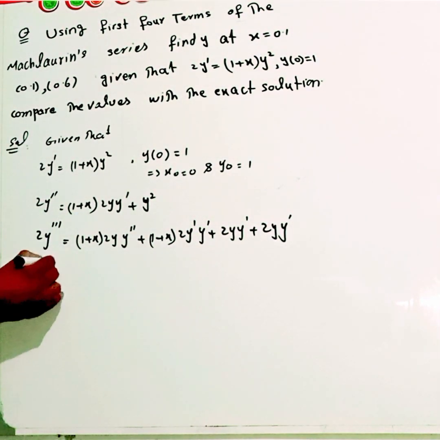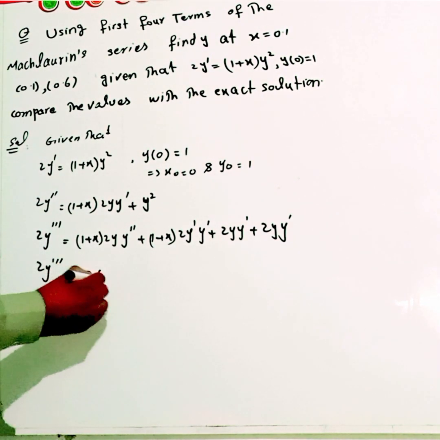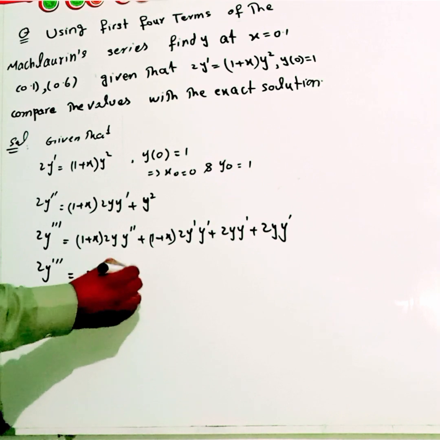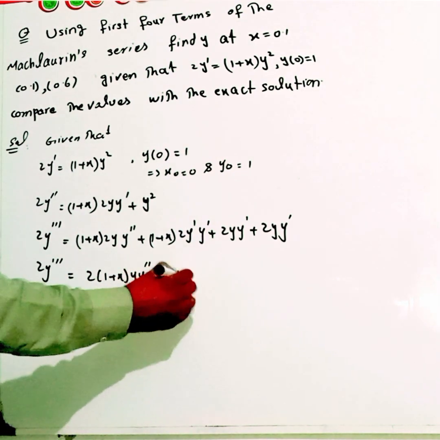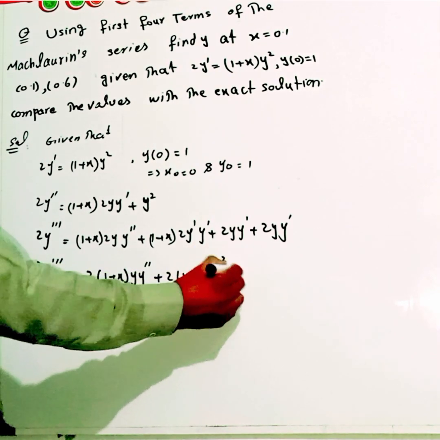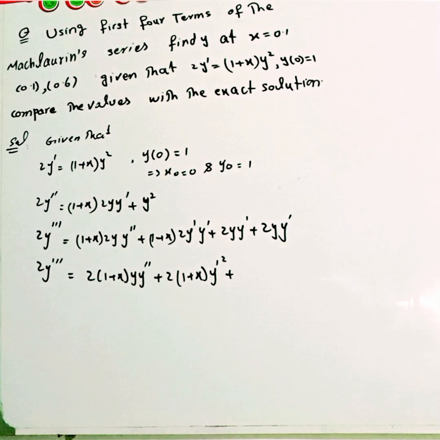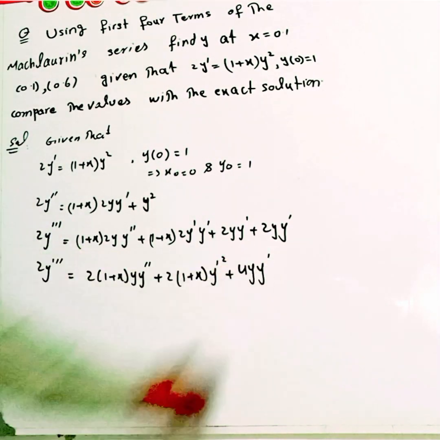So we have 2y triple prime is equal to 2 into (1 plus x) y double prime plus 2 into (1 plus x) y prime square, plus these two terms are the same, so they can be added: 4y y prime.